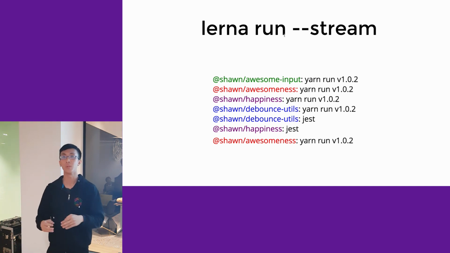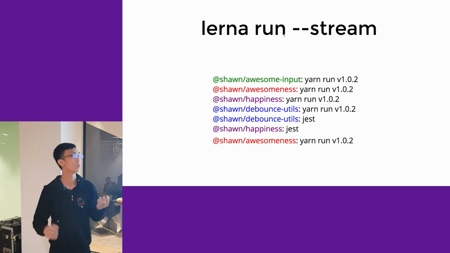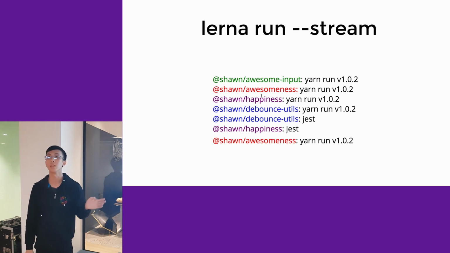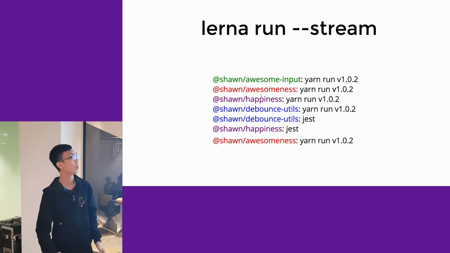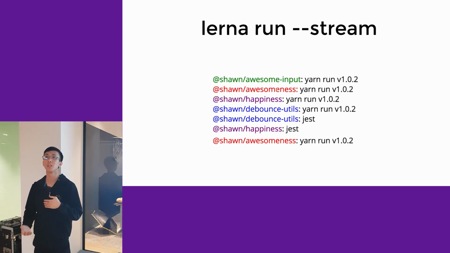You'll build the folder that has no dependency, and after you finish, you will run on packages that depend on them, and then slowly upwards. In this case, you see here, they seem to be running together because awesomeness and awesome input have no dependencies against each other, so they can be running in parallel.